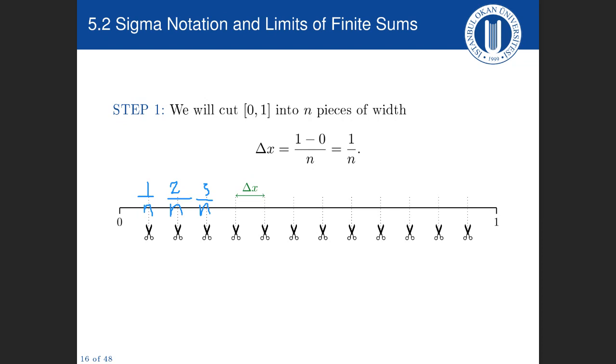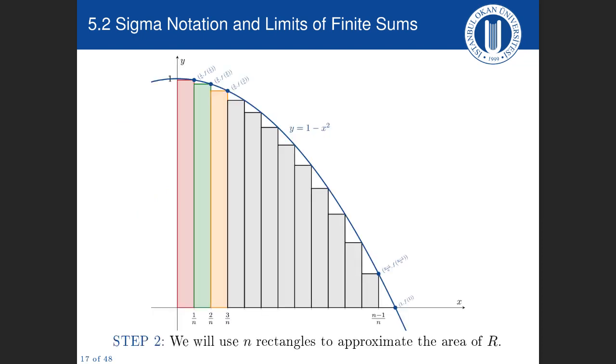And on each one of these little subintervals, we're going to draw a rectangle so that the rectangle fits inside R. And the way we do that is we use the right-hand side of the rectangle to decide its height. If our function is decreasing, we would use the right-hand side.